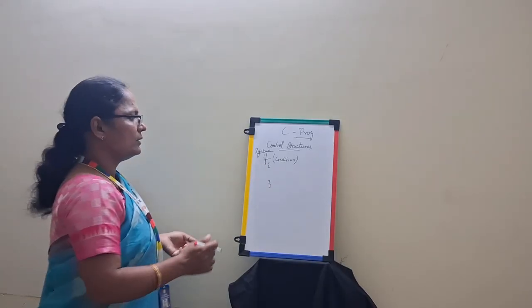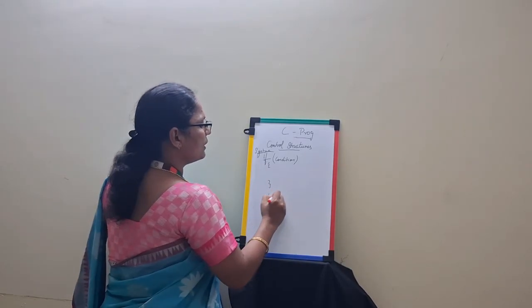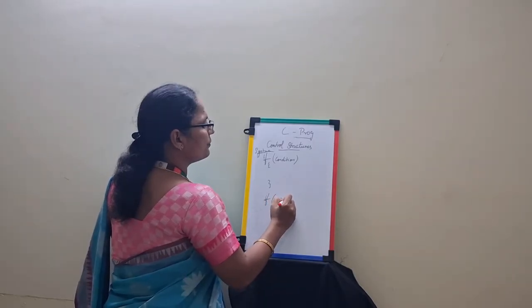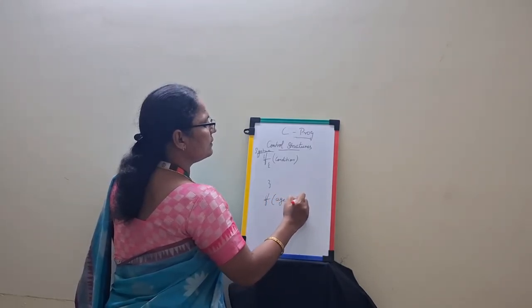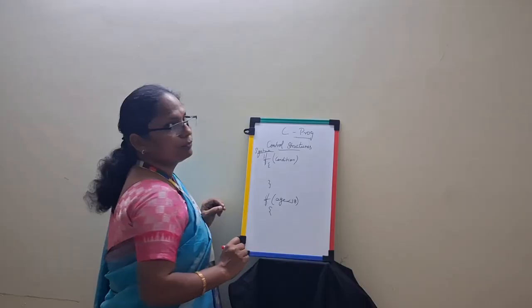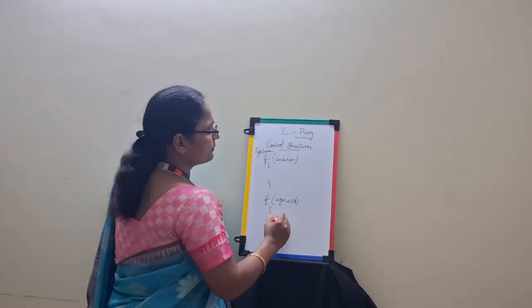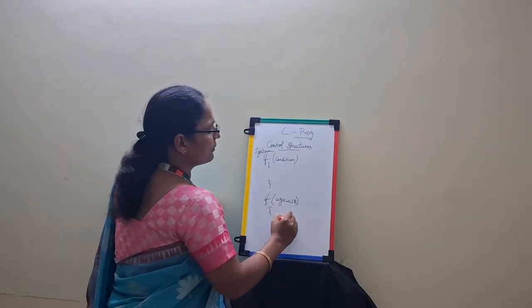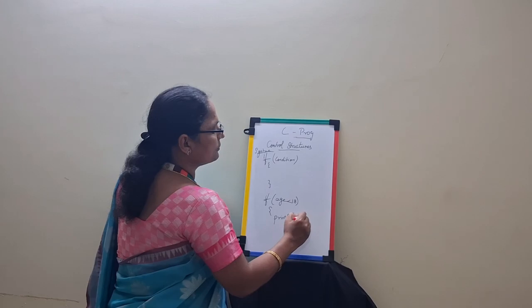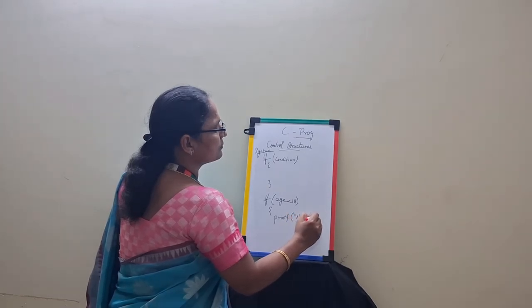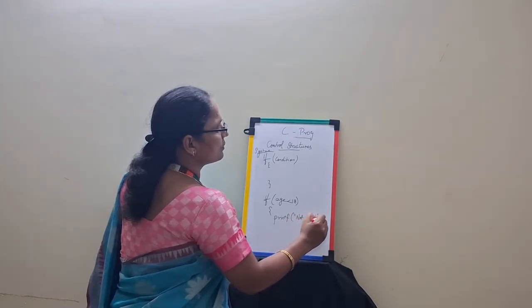So if age is less than 18, just print not eligible to vote. That's all.